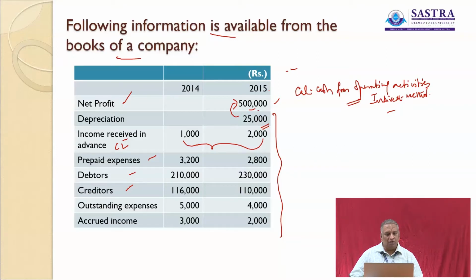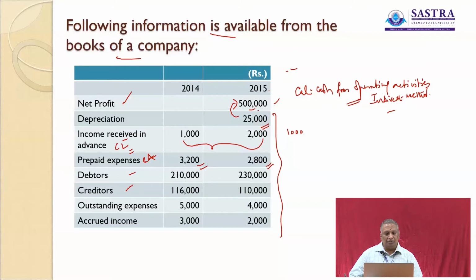So income received in advance is a current liability. So when there is increase in current liability, you are getting more credit. That means you will have more cash in hand. So it should be added, 1,000 rupees to be taken as add item. And prepaid expenses being current asset, when it is decreasing, expenses paid in advance has declined.